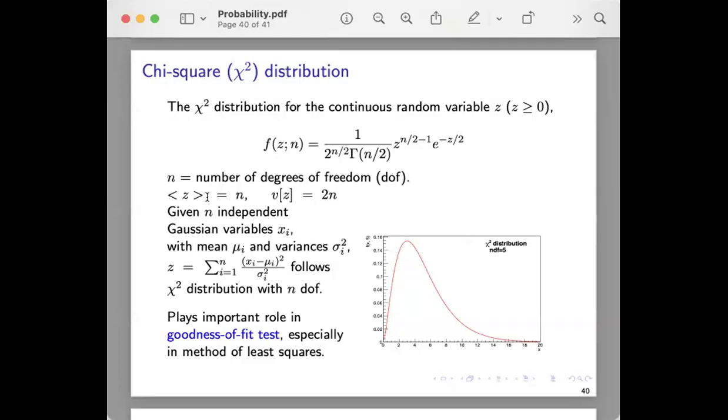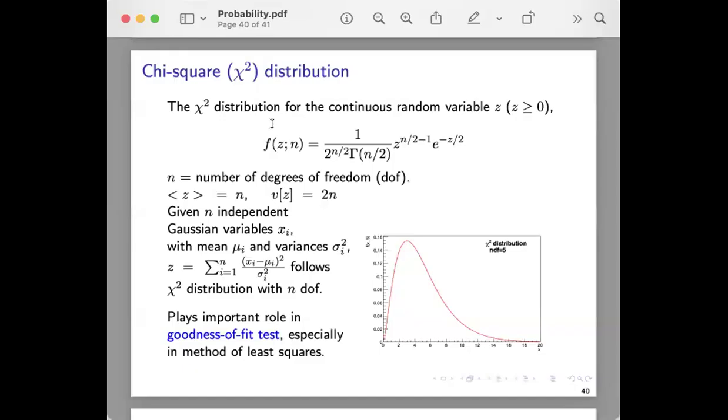Now, if you compute the mean of z for this distribution, it will be the same as the number of degrees of freedom, and the variance of z is twice the number of degrees of freedom. Here we write that z is distributed according to this distribution f of z, which we call the chi-square distribution.